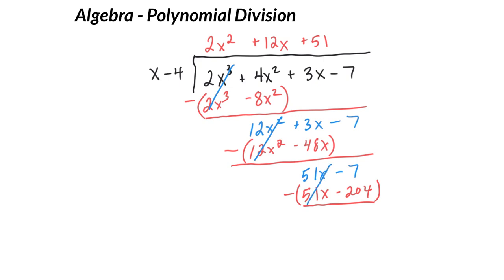This subtracts out. Negative 7 minus a negative 204 is 197. Now you'll notice at this point that 197, we can't divide that by x really, so we say this is our remainder.